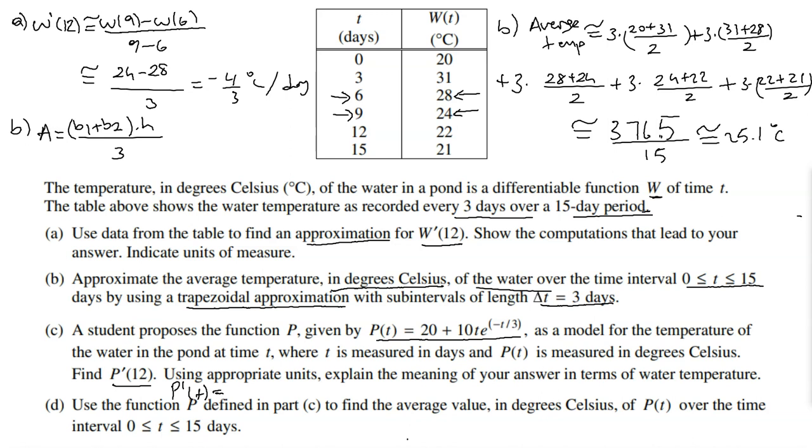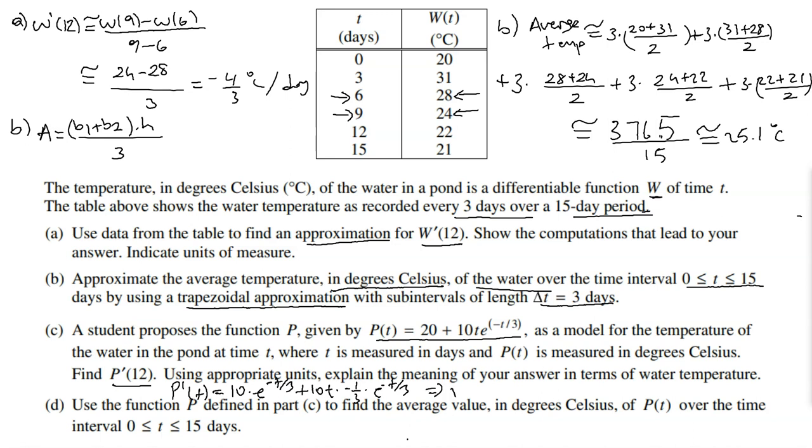If I apply the product rule, we get 10 times e to the power of negative t over 3 plus 10t times negative 1/3 times e to the power of negative t over 3. So that's the first derivative.